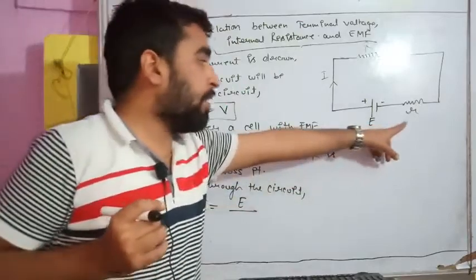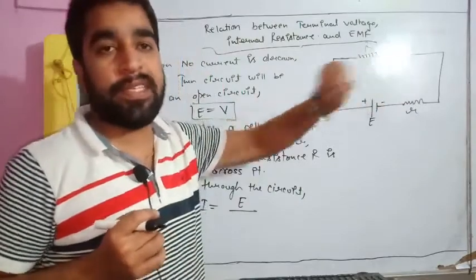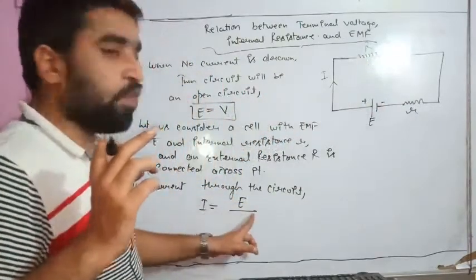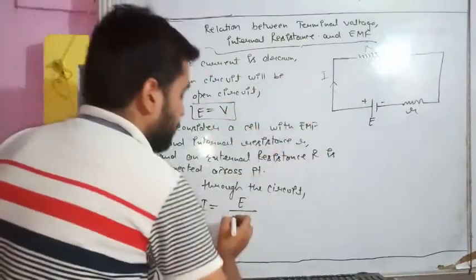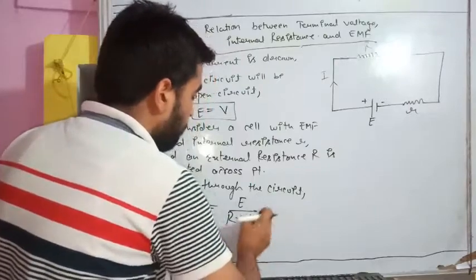You can see the internal resistance of the cell is in series combination with the external resistance R. So the total current I will be equal to the total EMF divided by the net resistance, and the net resistance will be R plus r. So that's going to be the one equation.